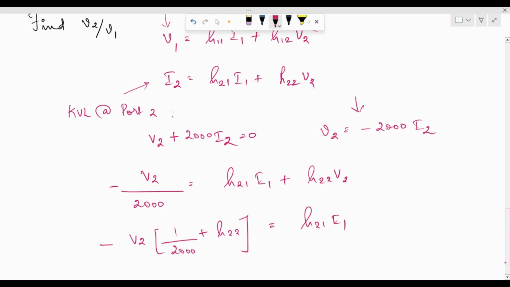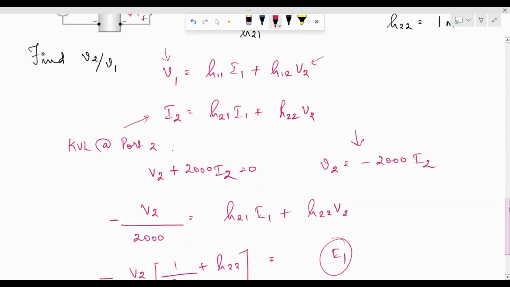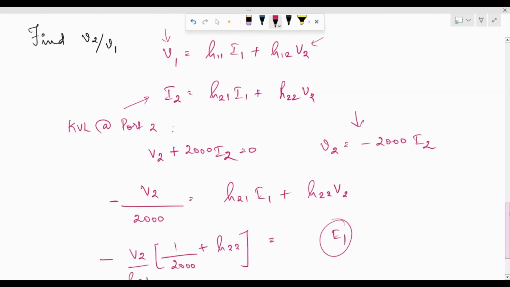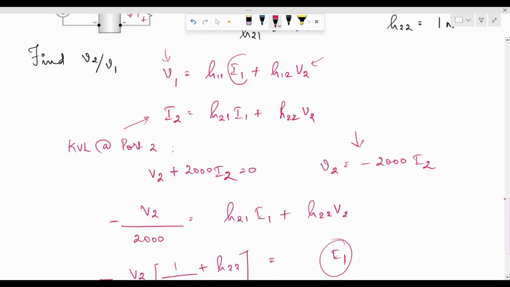So instead of keeping my H21 over here, if I bring it down to the denominator on my left hand side, I would be getting this as divided by H21. So I have I1 in terms of V2 and the hybrid parameters. The H parameters are already given in the question. So now I can replace I1 over here with what we've just got.